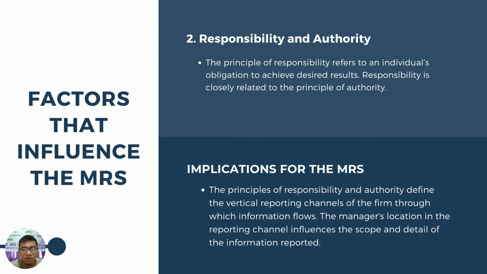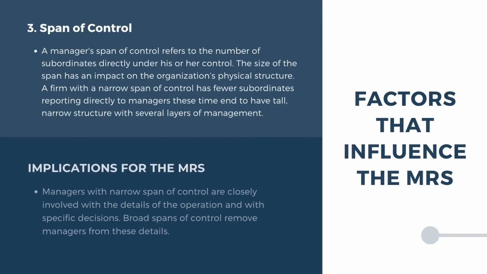So let's now proceed to the span of control. A manager's span of control refers to the number of subordinates directly under his or her own control. The size of the span has an impact on the organization's physical structure. A firm with a narrow span control has fewer subordinates, so there are lesser subordinates reporting directly to the managers.